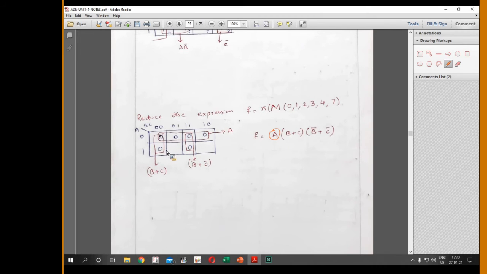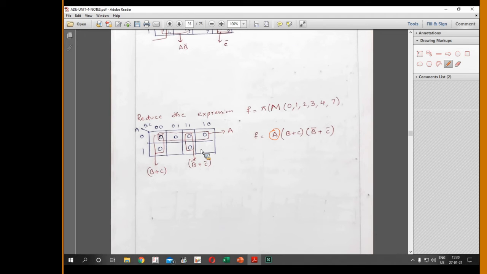Next, we'll go for the uncovered max terms. The uncovered max terms in the given 6 max terms are M4 and M7. If you have an uncovered max term, you have to check for its square adjacency. If it is possible, then you could use that uncovered max term and pair it.